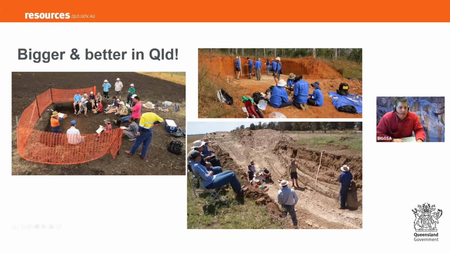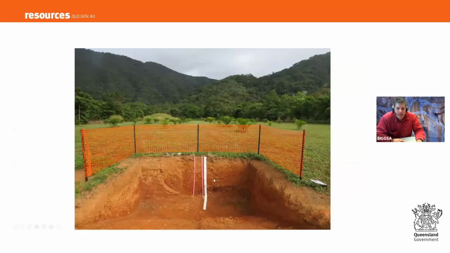So if you look at the pit on the left-hand side of the screen, you can see it's a wedge shape. And that's one from the soil judging competition we ran in Cairns recently. That's a bigger version of it.